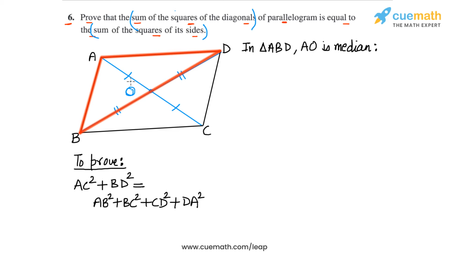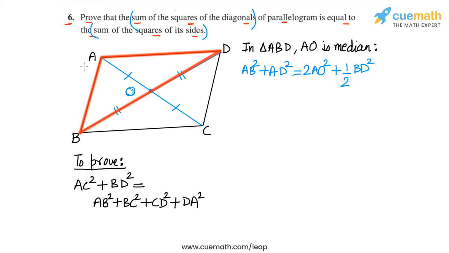This median AO originates from the vertex A, which is common to the sides AB and AD. So if we take AB square plus AD square, then according to our result, this sum should be equal to twice AO square plus half of the square of the opposite side. The opposite side to A is BD, so half of BD square.